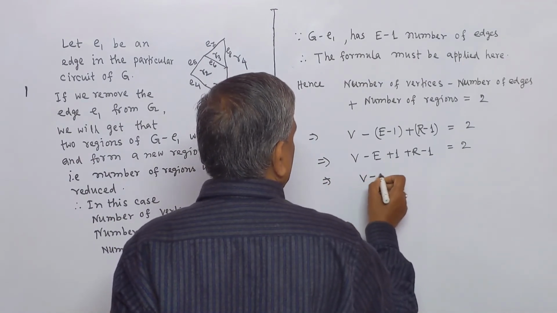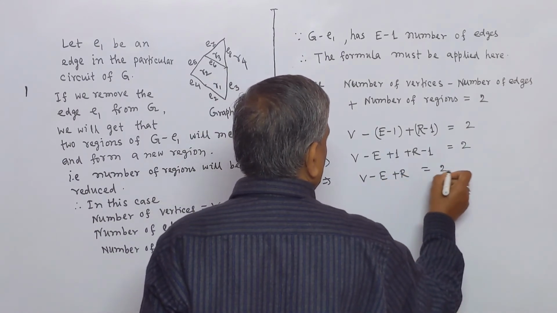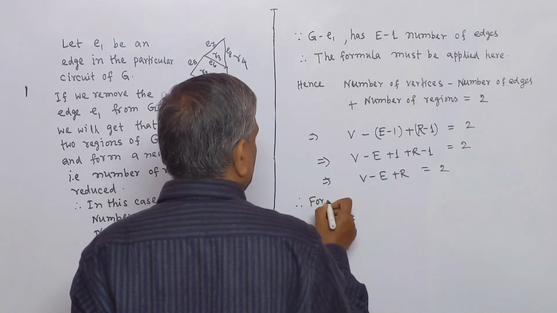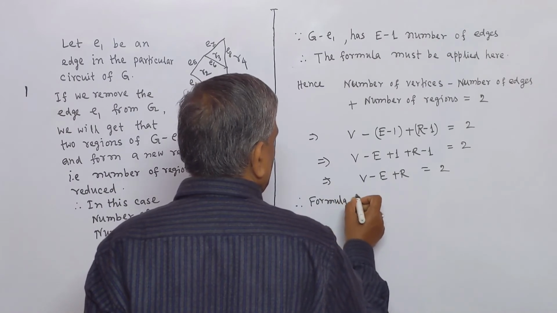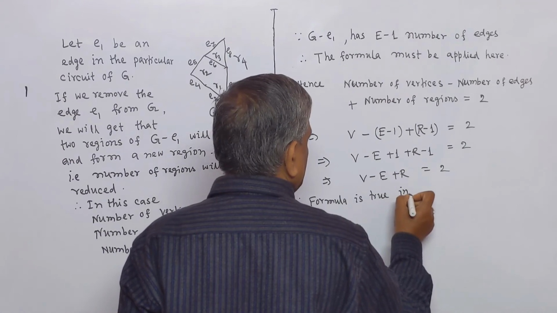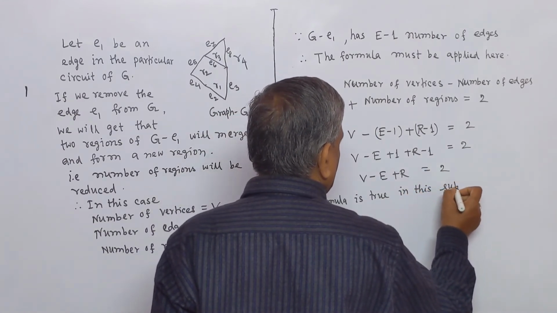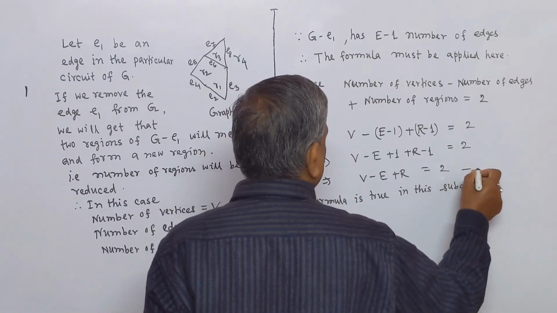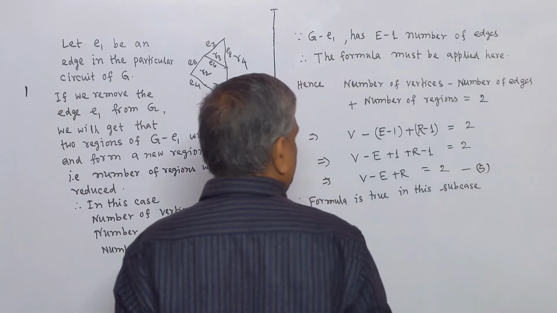So V minus E plus R equal to 2. Therefore, the formula is true in this subcase. Let this be number 5.